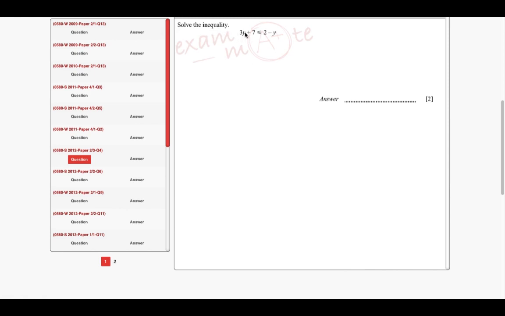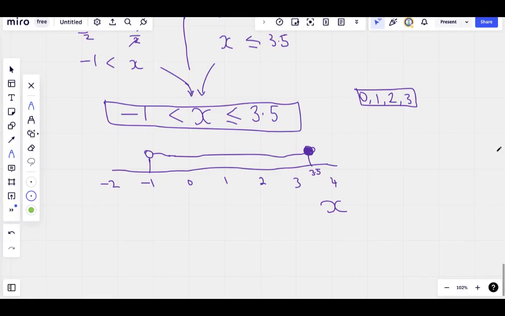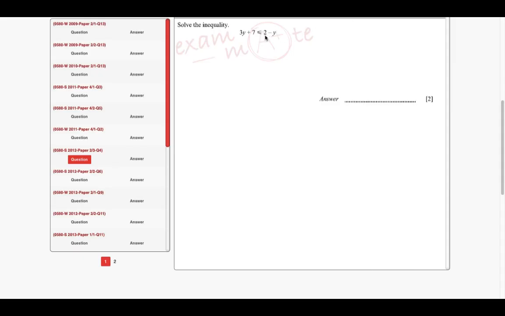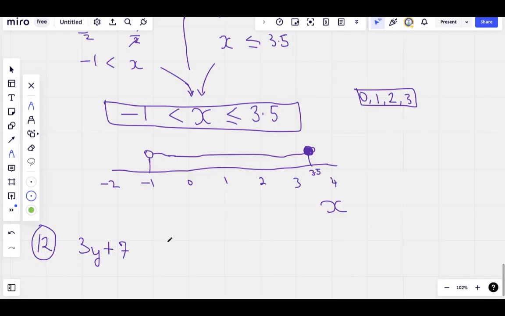Solve the inequality. 3y plus 7 is less than or equal to 2 minus y. Question number 12. 3y plus 7, I think is greater than, no, it's less than or equal to 2 minus y.